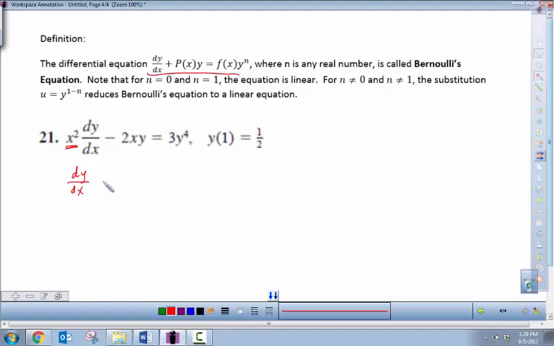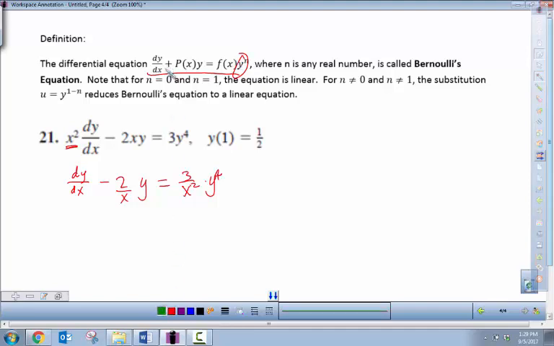So dy/dx equals, or no, not equals, minus 2. I divided by x squared, so the 2x divided by x squared is going to give me a 2 over x times y is equal to 3 over x squared times y to the 4th. I wanted to keep the y to the 4th separate so that I can identify what my n is for the Bernoulli equation.